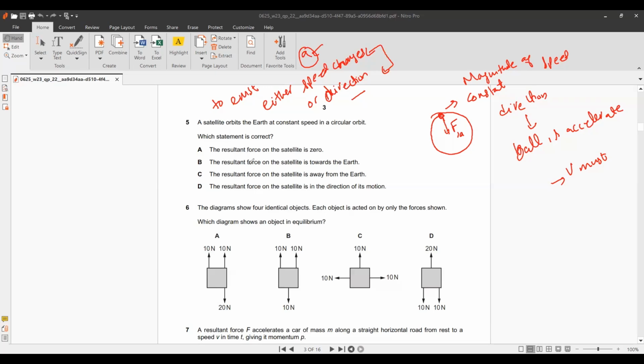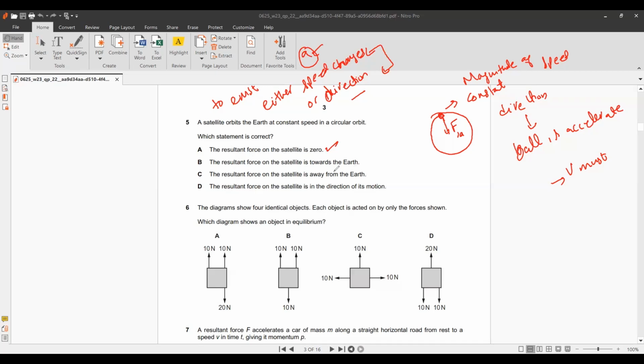Yeah. Okay, now let's review the question they have asked. A satellite orbits the Earth at a constant speed in a circular orbit. Which statement is correct? The resultant force on the satellite is zero.